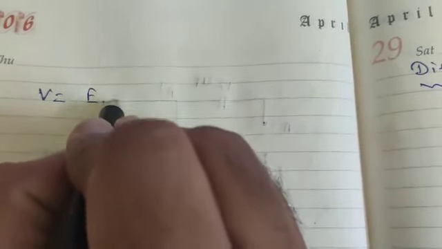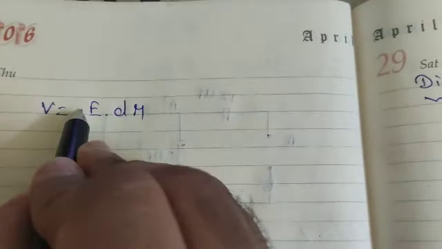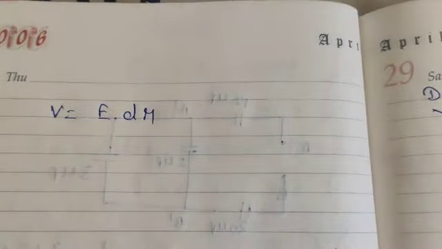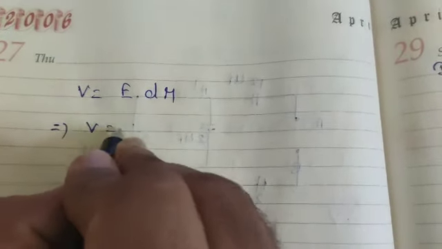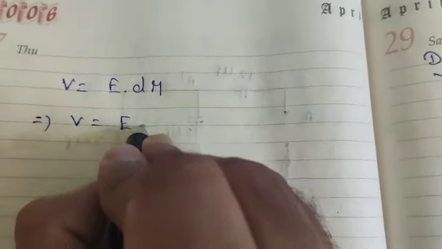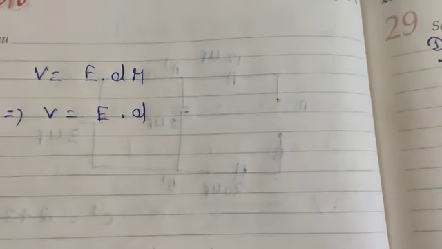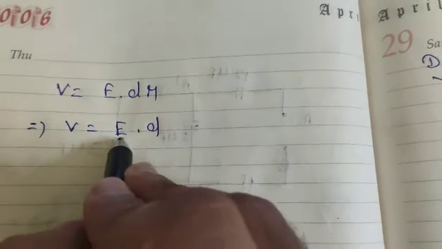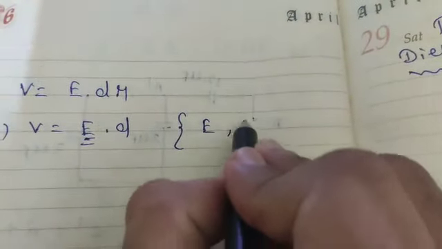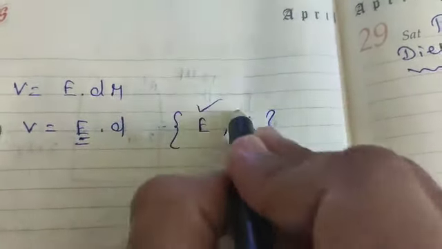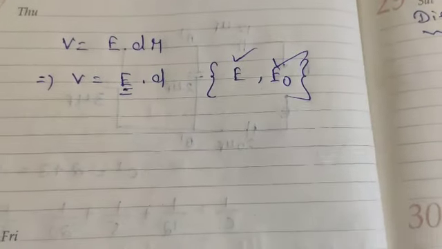Integral of E into dr, taking plus as we are taking the magnitude. So V equals E into D. But how many E's are present? There are two E's present, one is E and another one is E naught. Two quantities are there.